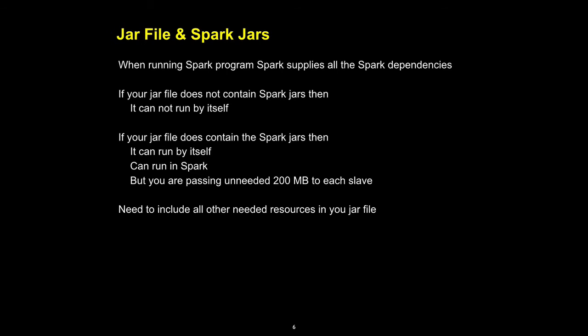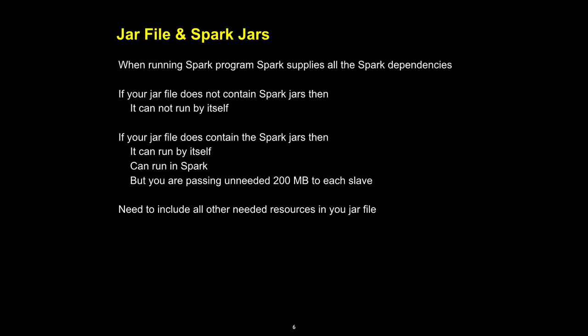So when we look at the Spark install directory, there's a long list of jar files that come with it. When you run Spark on a cluster, Spark provides all those dependencies, right? So you don't need them.